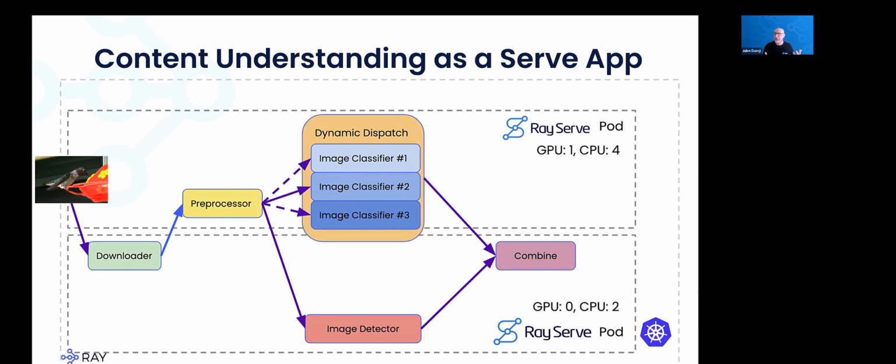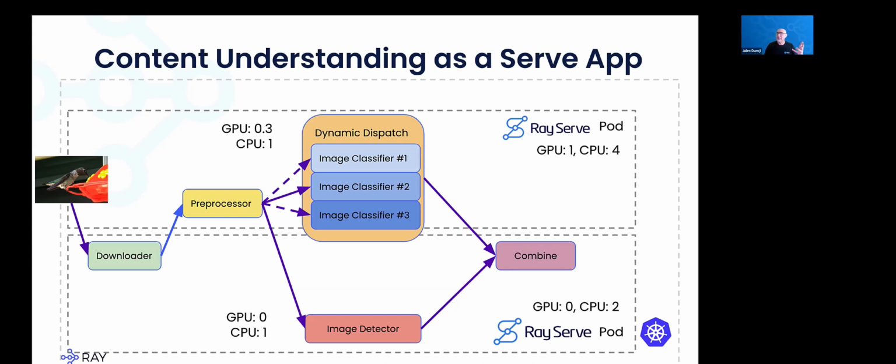Independently for each pod, you can say, okay, for this particular pod I'm going to use 1 GPU, and for the other pod I'm going to use 4. And for the second pod, where I might not require a GPU, I'm just going to use 2 CPUs. That's an important part because you want to be able to fractionalize and allocate resources for your model.